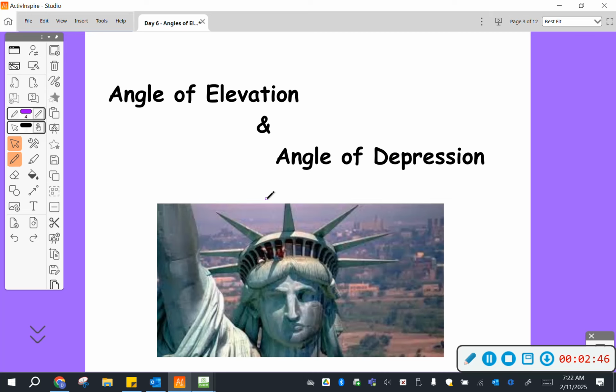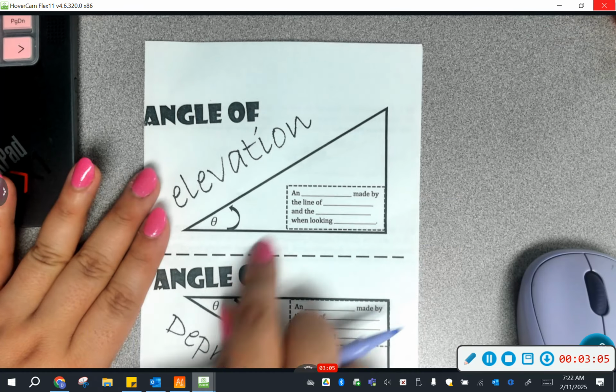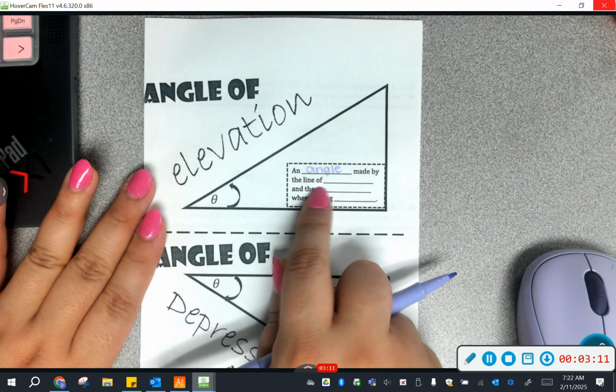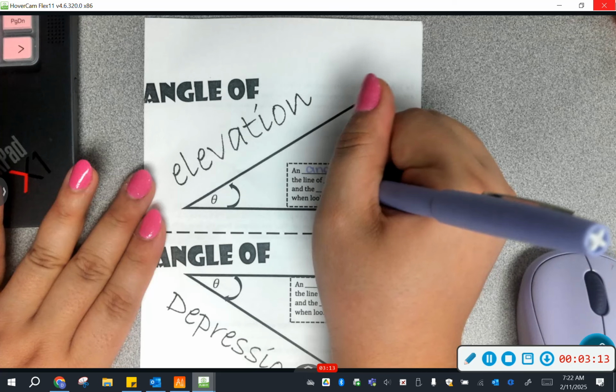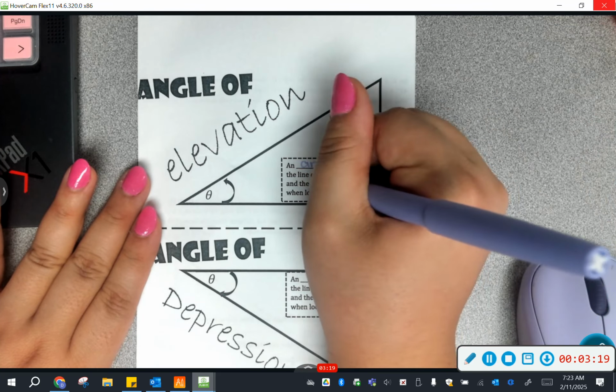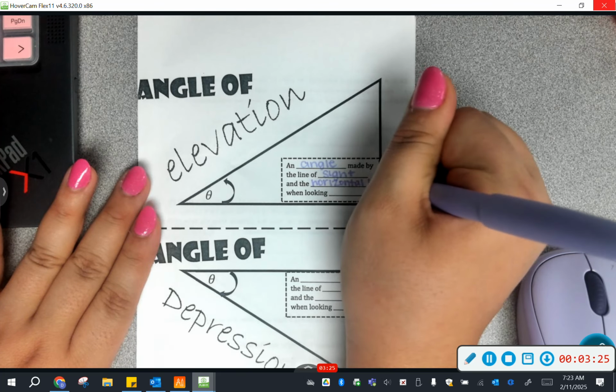Thank you. Today we're going to be talking about angle of elevation and angle of depression. These things are actually kind of the same thing, but an angle of elevation is an angle made by the line of sight and the horizontal line.